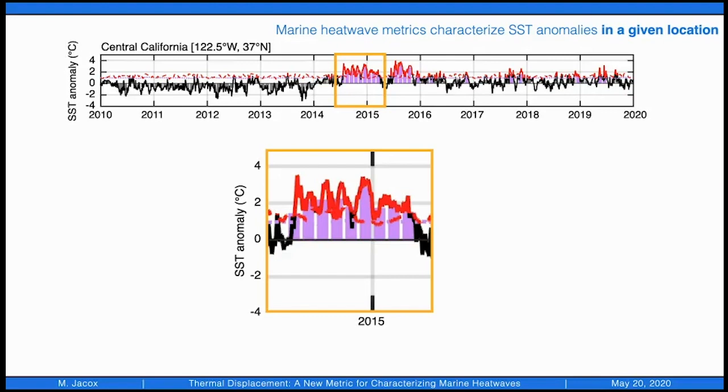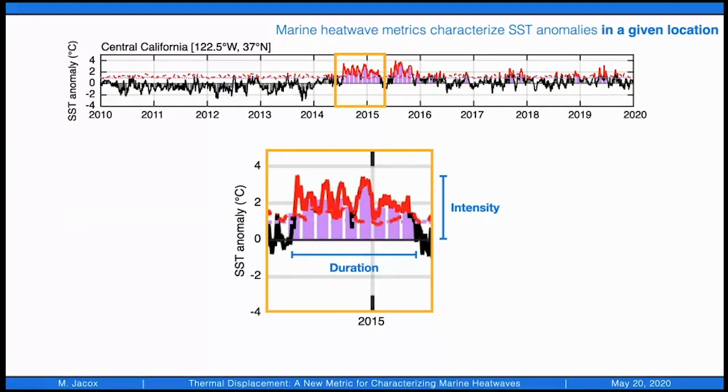And so if you zoom in on one of these events, so this is the big one in 2014 into 2015, then there are a suite of metrics that have been commonly used to define these events. So one being the intensity, how strong are the SST anomalies in that event? Another being the duration, how long does it last from start to finish?